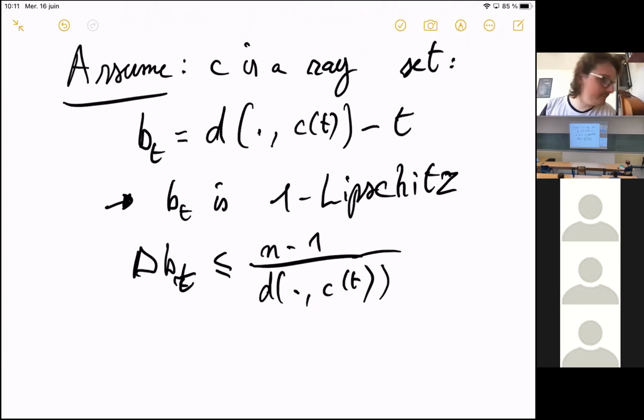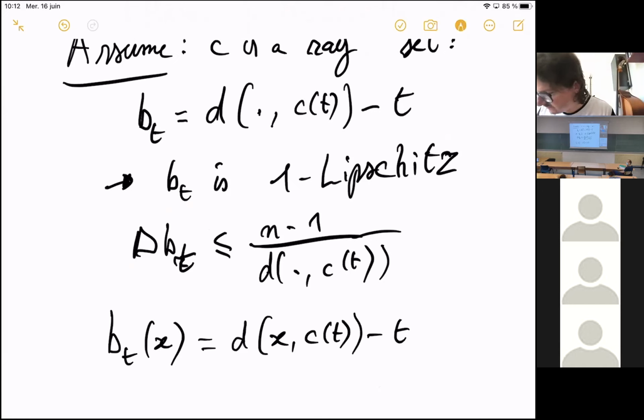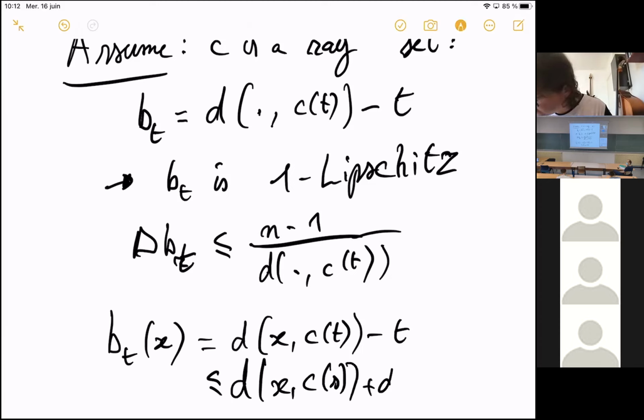What we also have is that if I compute B_t at some point x, this is d of x, C of t, minus t. I could now use the triangle inequality to insert what's going on at C of s: d of x, C of s, plus d of C of s, C of t, minus t.